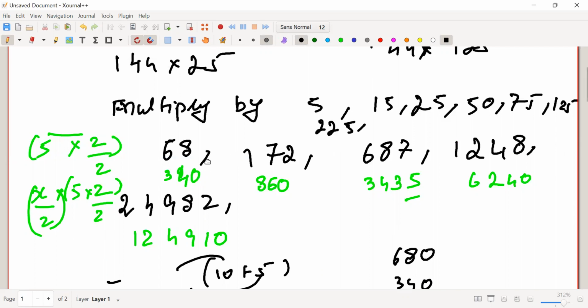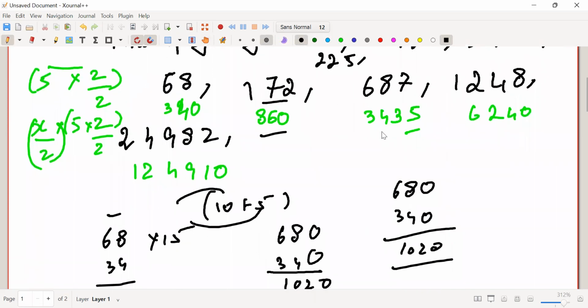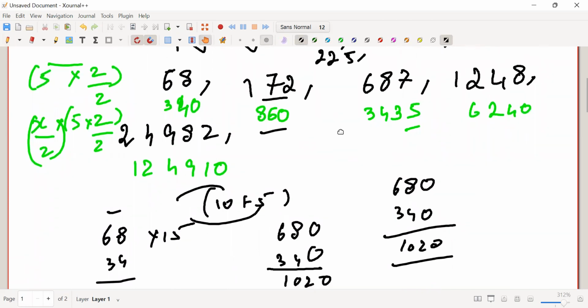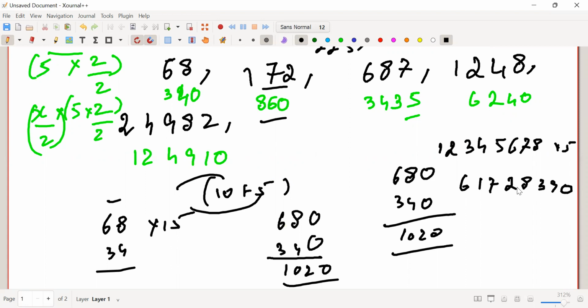So if you want to multiply any number with 5, half the number into 10, just add 0 if it's an even number. See here, even if it's a very, very big number, 1, 2, 3, 4, 5, 6, 7, 8 into 5: 6, 17, 28, 39, 0 is the answer.